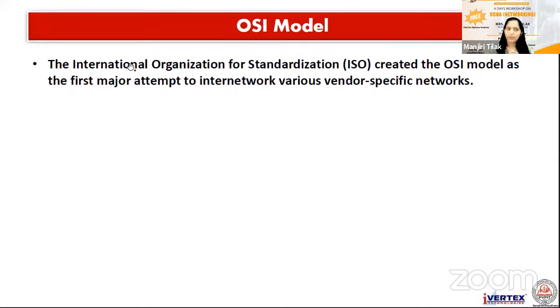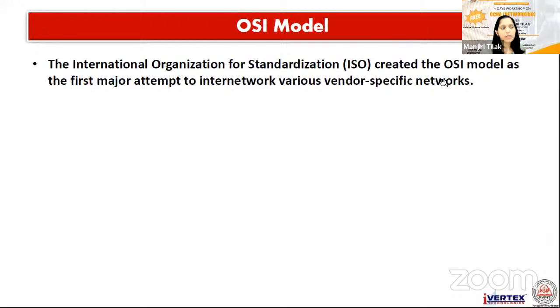See, ISO, that is International Organization for Standardization, created the OSI reference model as the first major attempt to inter-network various vendor-specific networks. Now, what is the meaning of this sentence? In earlier days, the networks were vendor-specific. What is meant by vendor-specific? Two different vendor computers or two different vendor devices could not communicate with each other at that time, right?